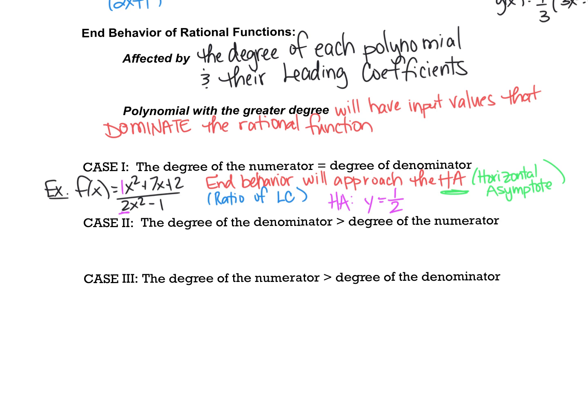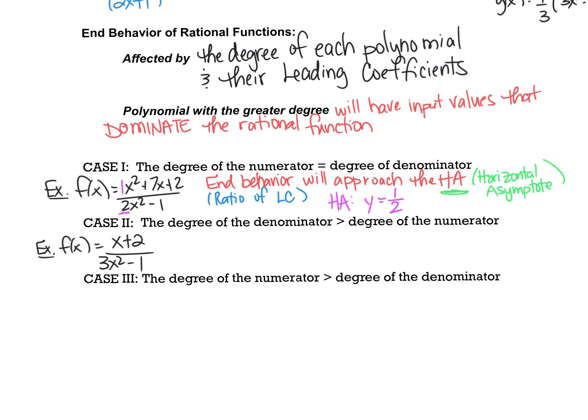Case 2. The degree of the denominator is greater than the degree of the numerator. So that might look something like this. F of x equals x plus 2 over 3x squared minus 1. The degree of the denominator is 2, x squared.